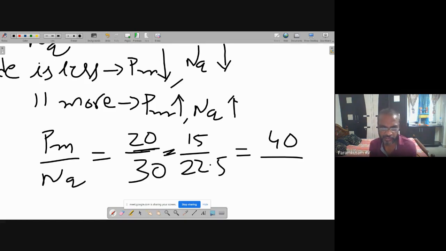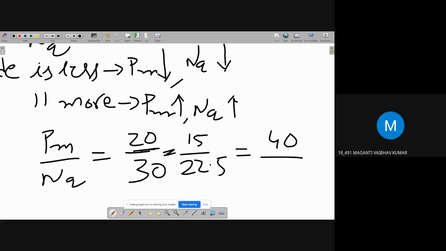NQ ఎంత ఉంటే ఈక్వల్ అవుతుంది? ఫాస్ట్ చెప్పాలి. 60 సార్.